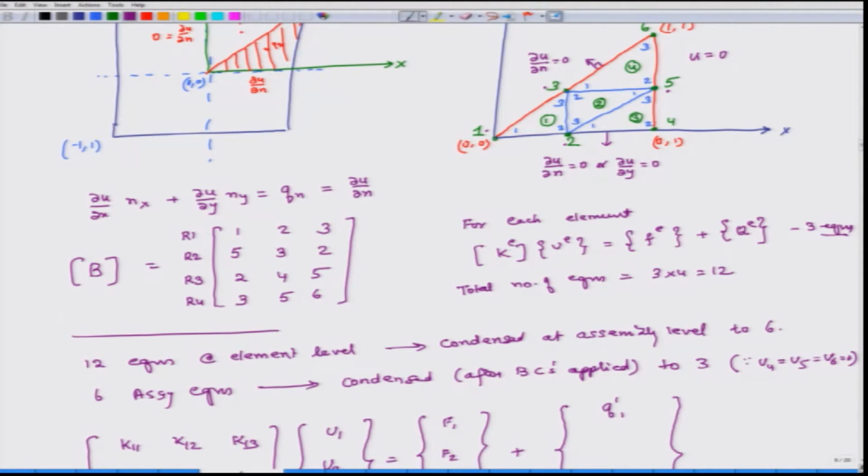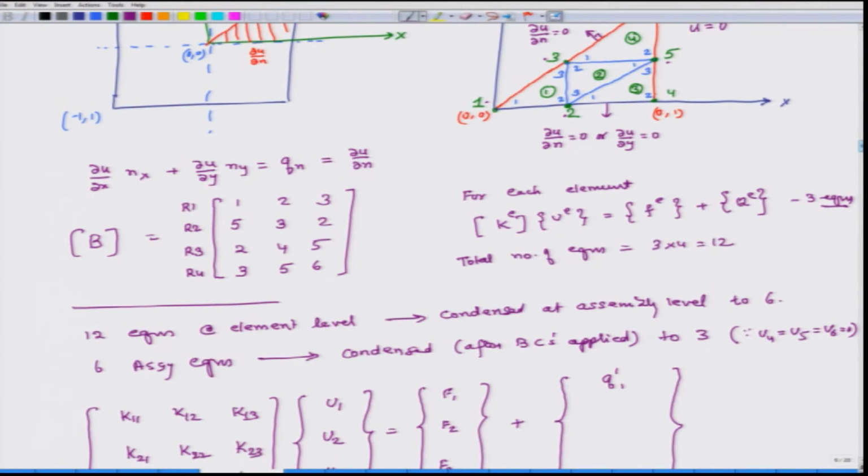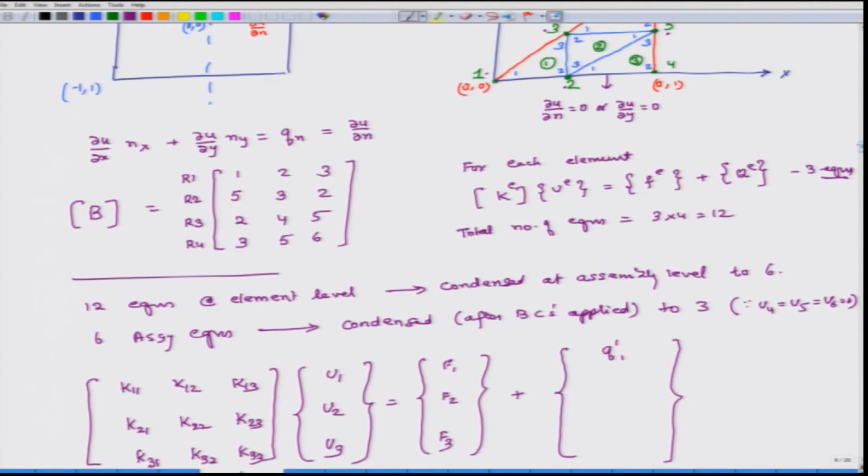At node 2, how many components do I get? I get 3 components: a component from the first element, from the second element, and from the third element, and the nodes are 2, 3, 1. Agreed?